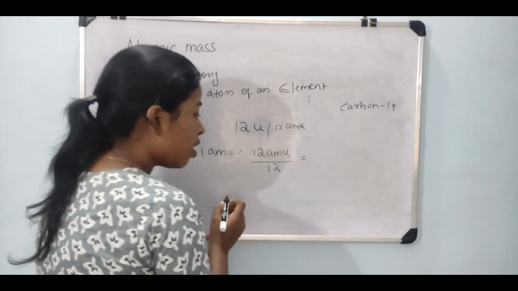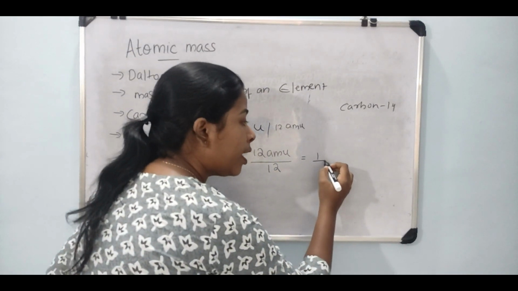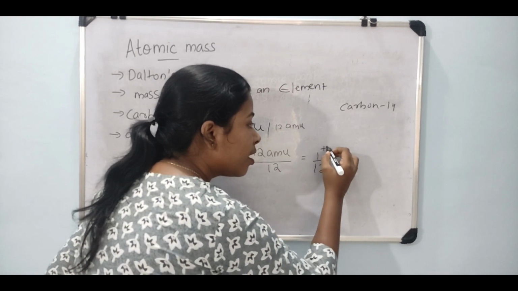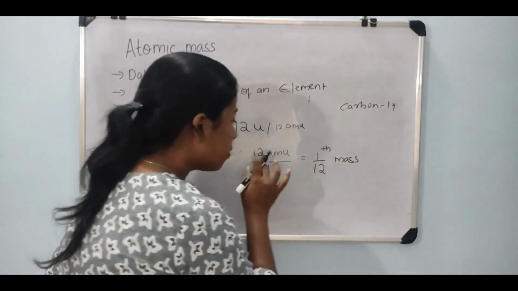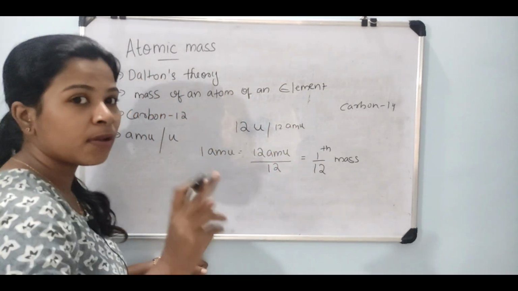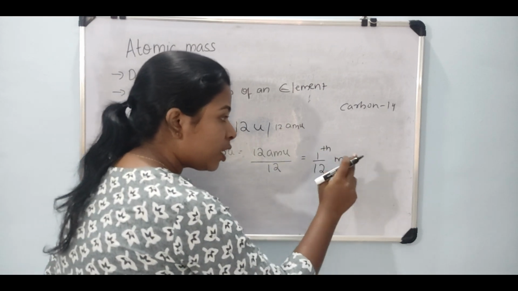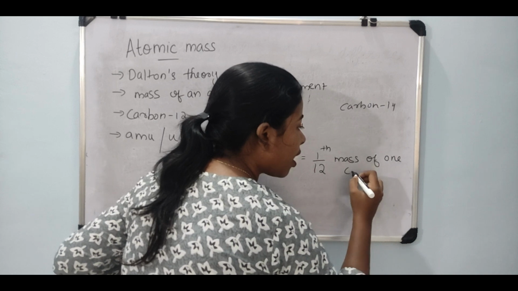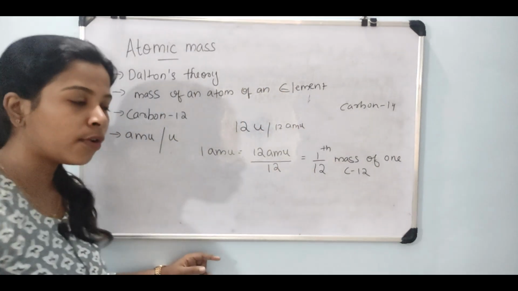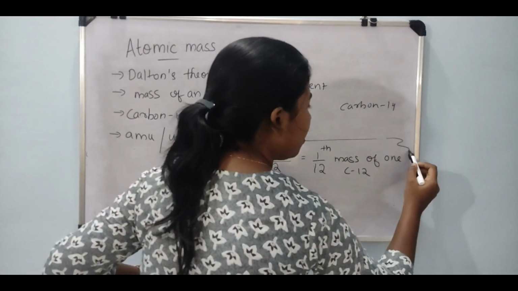It means 1 atomic mass unit is equal to 1 by 12 of the mass of what? 12 AMU is the mass of one carbon 12 atom. So 1 AMU is equal to 1 by 12 the mass of one carbon 12 atom. This is very, very important.